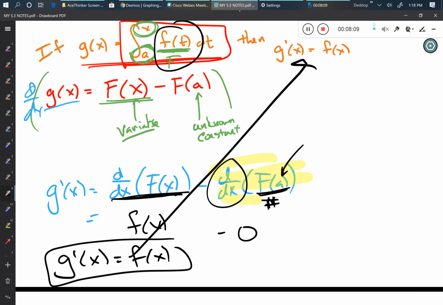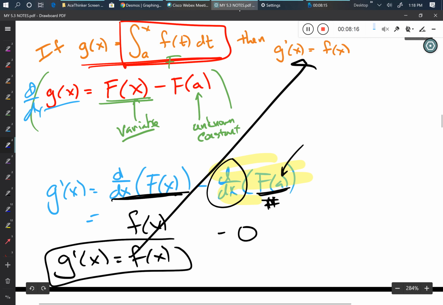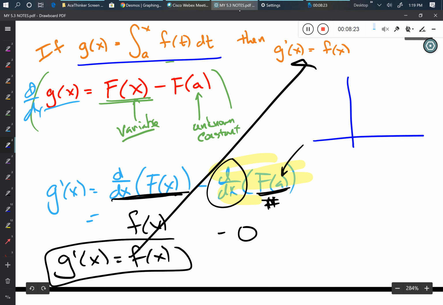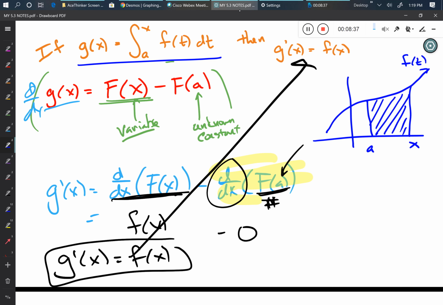All right, somebody wants a geometry argument for this. So let's take a look at the original problem in terms of geometry. Okay. Here's the if part. It says that if you have a function and what it does is it adds up the area under that curve, what are you going to get when you take its derivative?